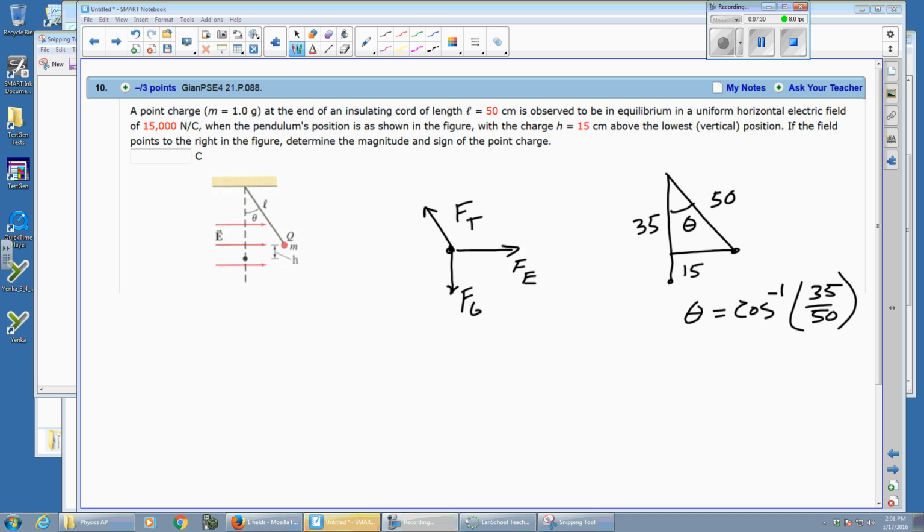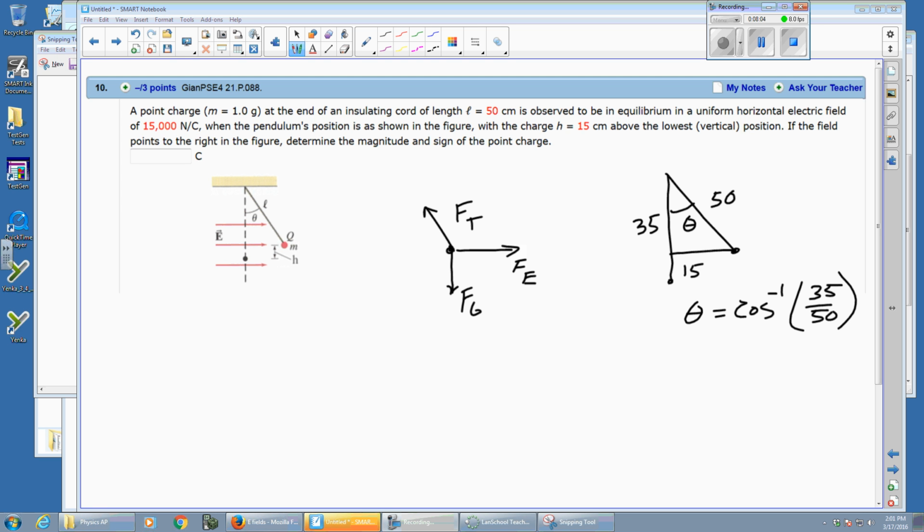So it's swung up, and now vertically is 15 centimeters higher, which means if I make this right triangle like I did, the hypotenuse is 50, and that whole line on the vertical would have to be 50. 15 of it is outside the triangle, so the adjacent side to the angle is 35.